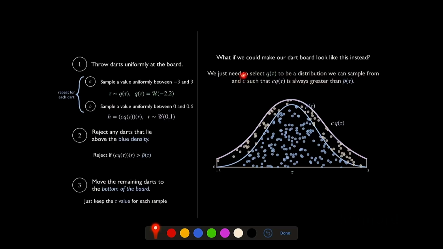How much information do you have about p of tau that we can guesstimate how close? That's a great question. The question is, how do you pick C? How do you know that it's always going to be above? In this case, where it was one-dimensional, we could just plot it and understand. In general, you do need some domain knowledge to pick a distribution that fits those requirements.